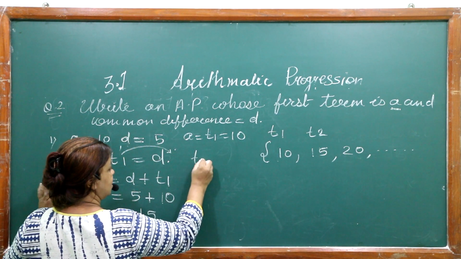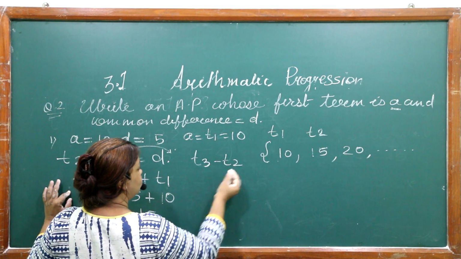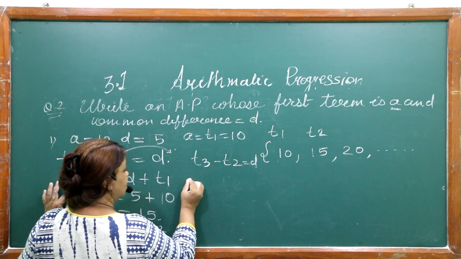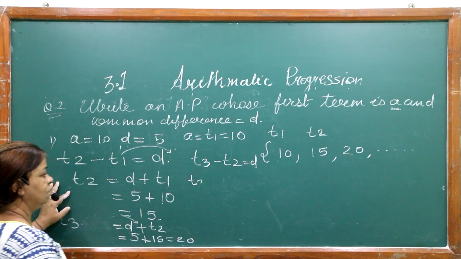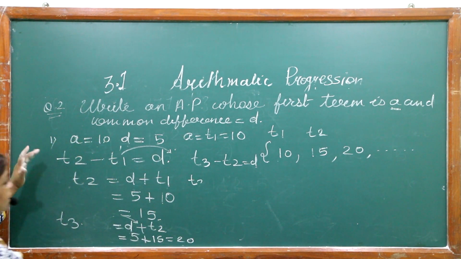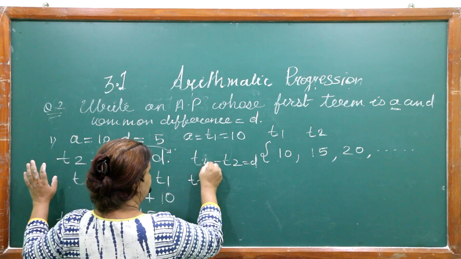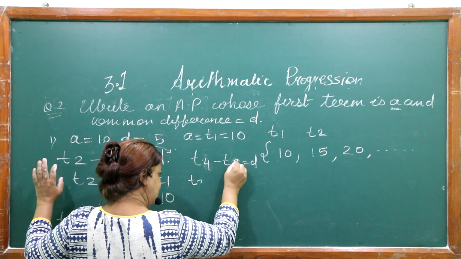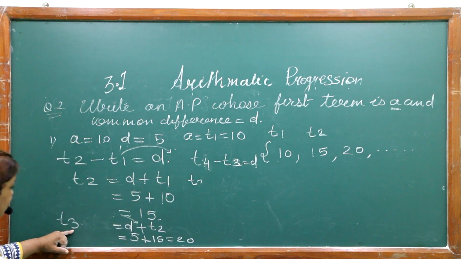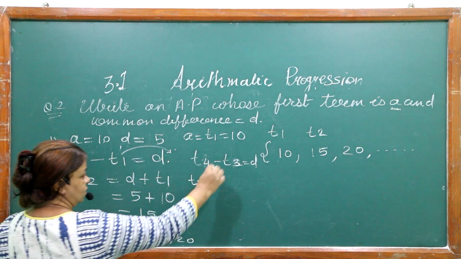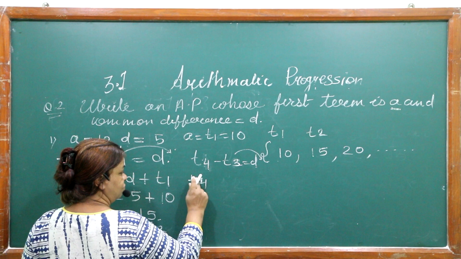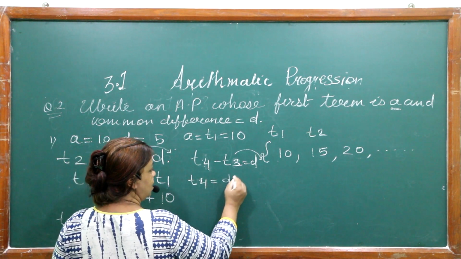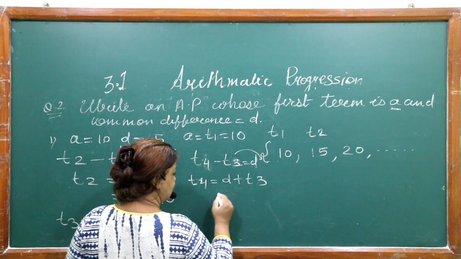Now next one is, sorry, not T3 minus T2, T4 minus T3 is D, as I got T3 already. So I'll shift it here, D, T3. So T4 is equal to D plus T3.